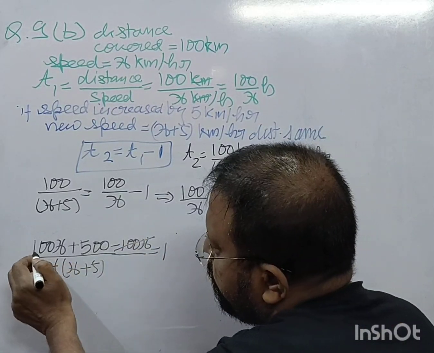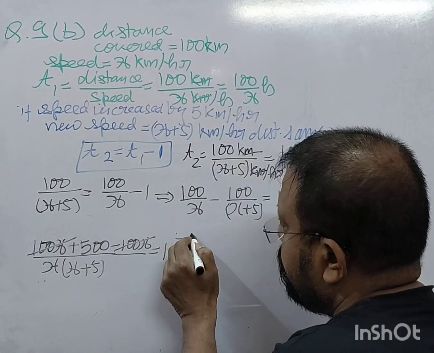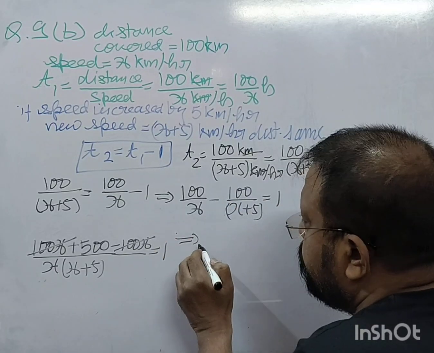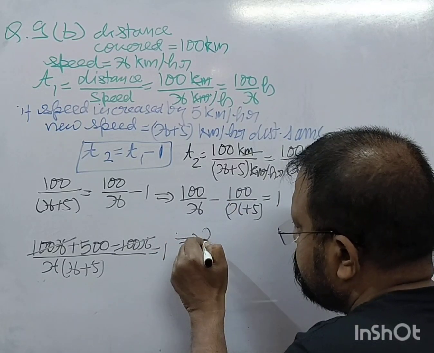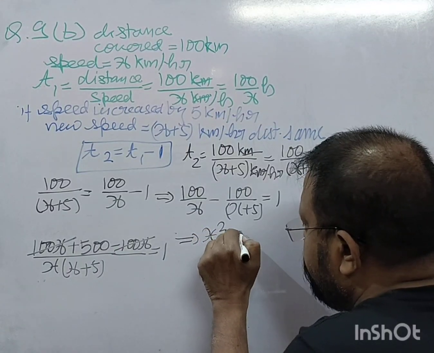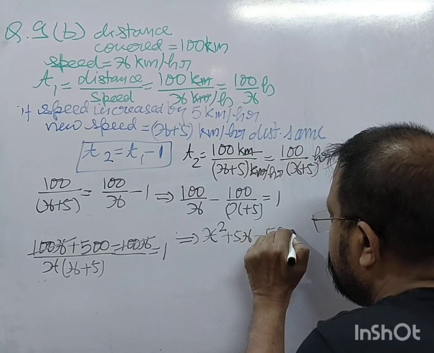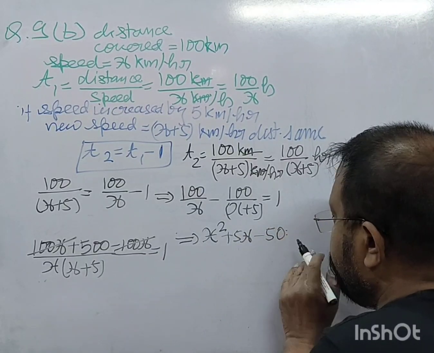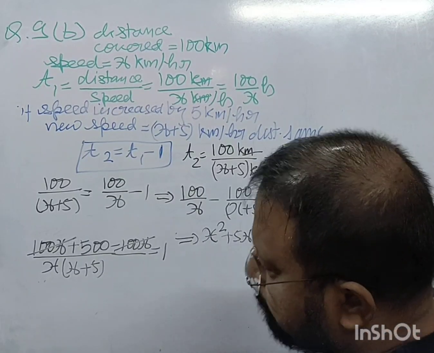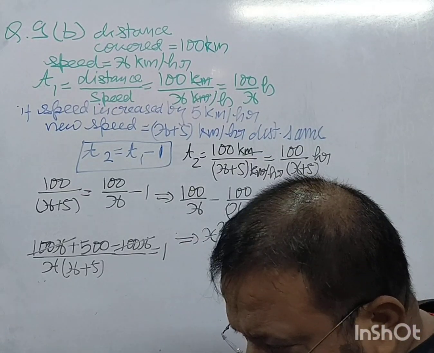The 100x and minus 100x cancel out. When you cross-multiply, it becomes x square plus 5x minus 500 is equal to 0. This is the quadratic equation you get.